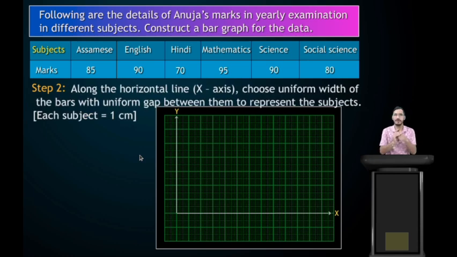Step 2: along the horizontal line, that is the x-axis, choose uniform width of the bars with uniform gap between them to represent the subjects. Here each subject is equal to 1 centimeter.